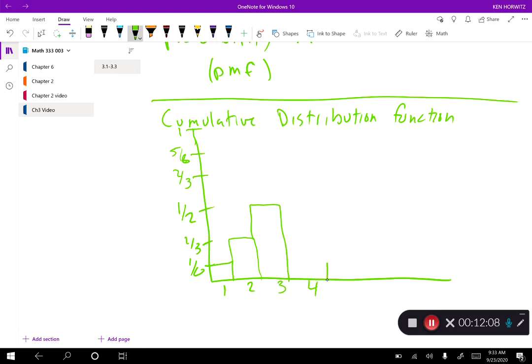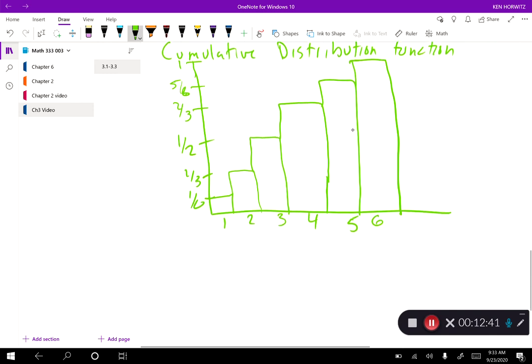So we have a 4, 4/6, 5 would be 5/6. And again, it's not just the probability of rolling a 6, it's the probability of rolling a 6 or less. And that would again be the guaranteed event, or 1. So that is basically what we do, we accumulate our probability.